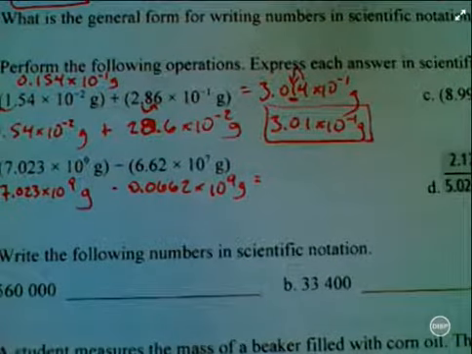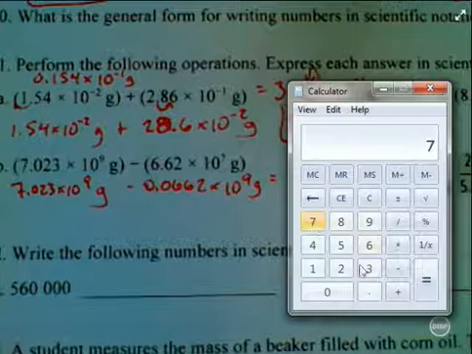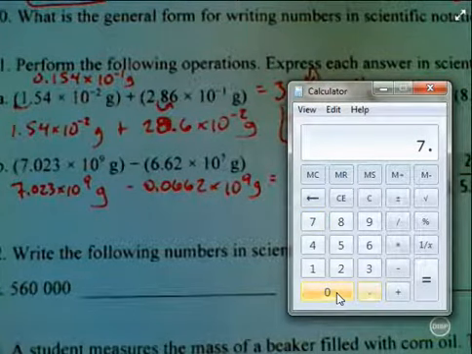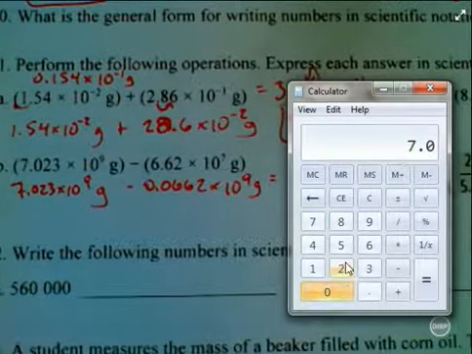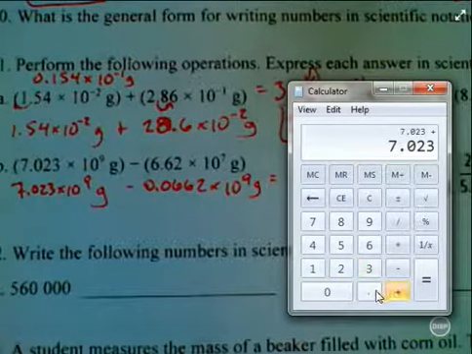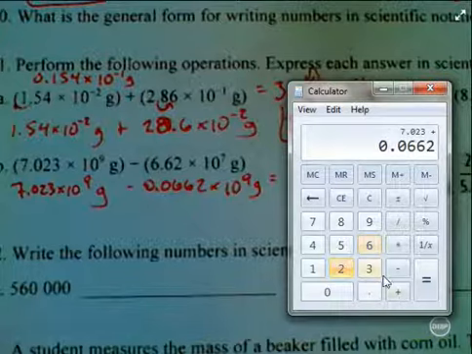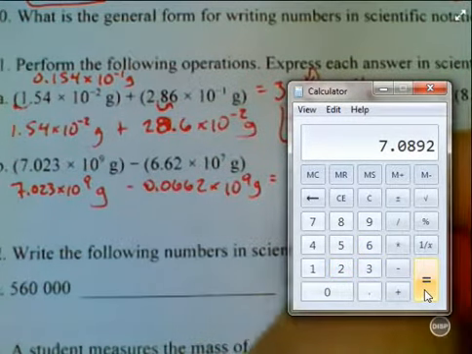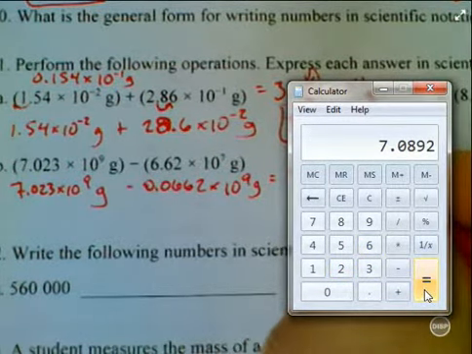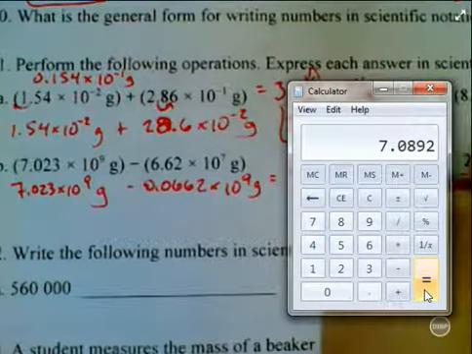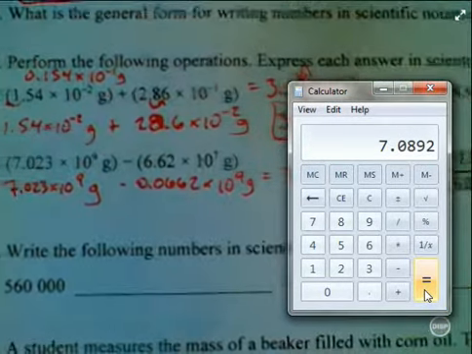Bring the calculator back in. Now that they're the same power of 10, I can simply add them. So the calculator tells me 7.0892 times 10 to the 9 grams.